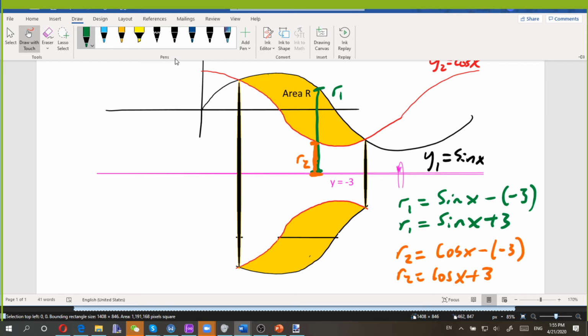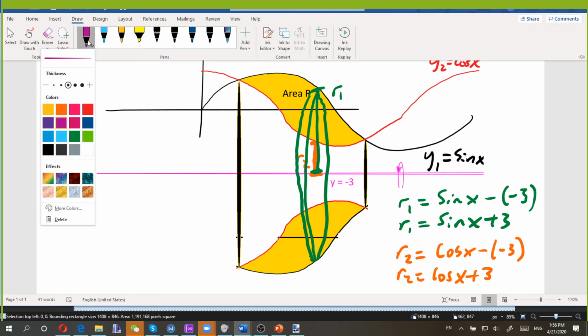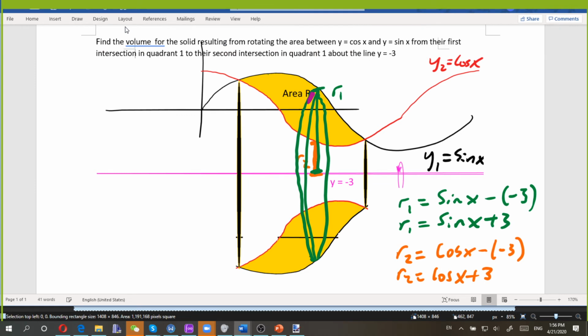I've got a green disk that I'm going to spin about our axis of rotation, like that, with an infinitely small change in x.